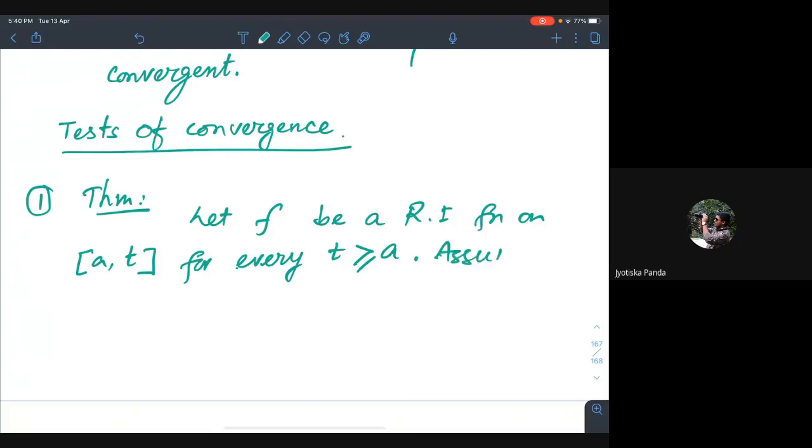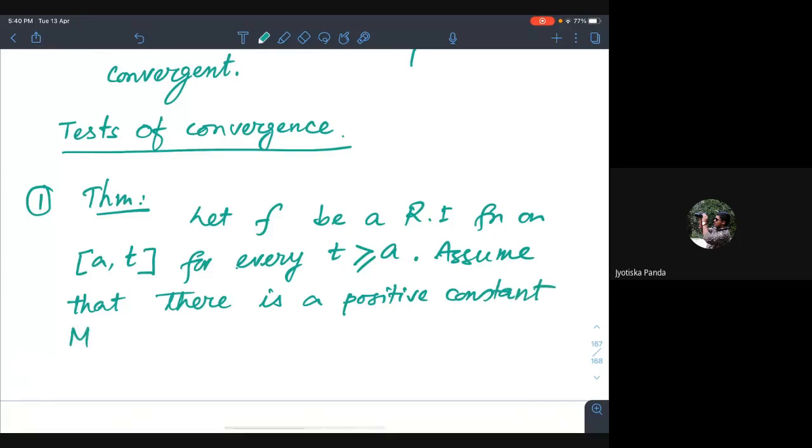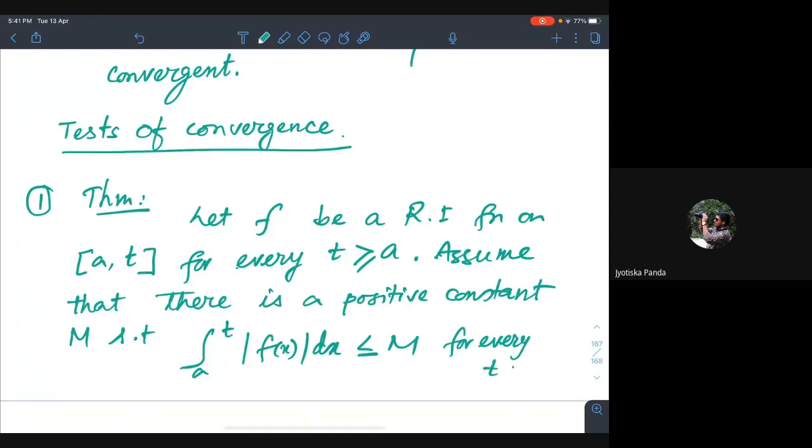Assume that there is a positive constant m such that the integral from a to t of |f(x)| dx is less than or equal to m for every t greater than or equal to a.